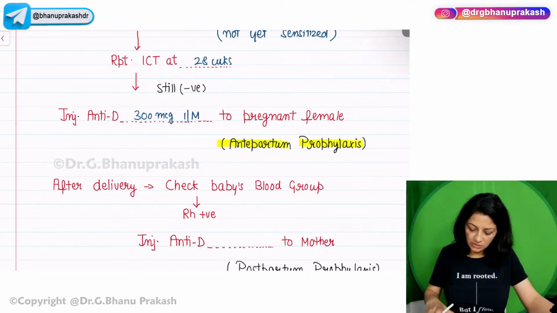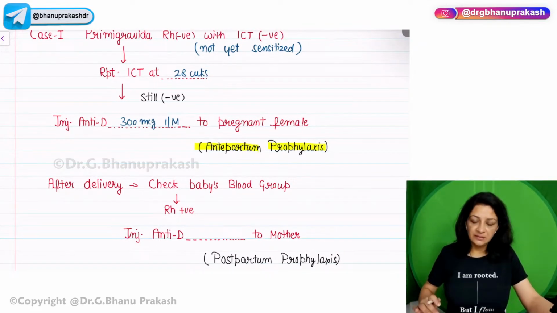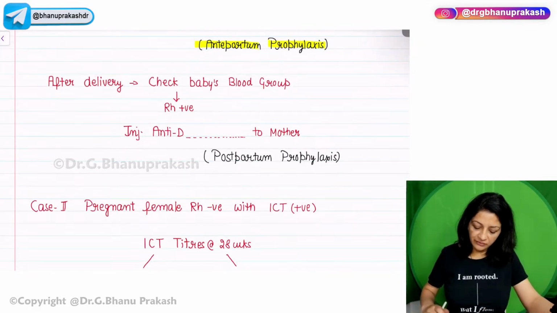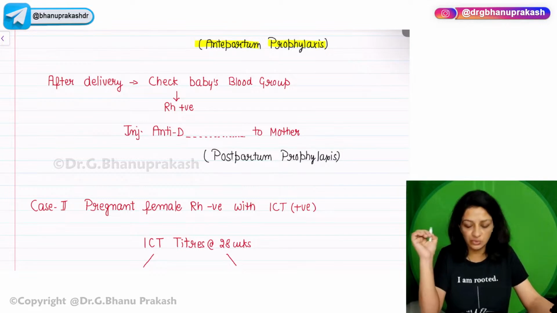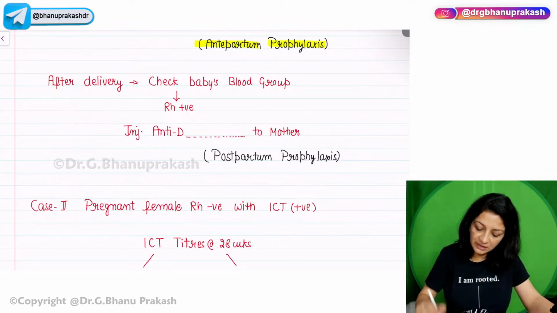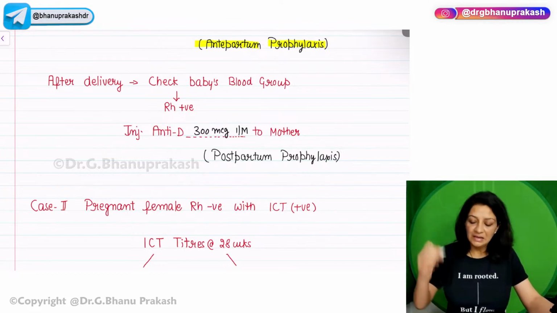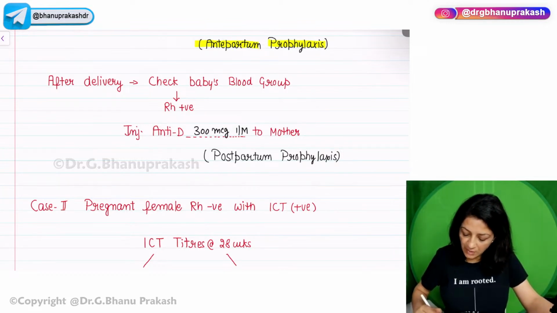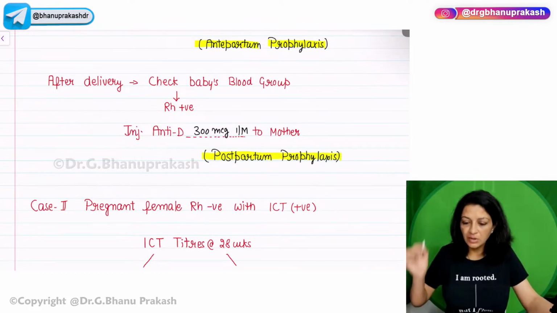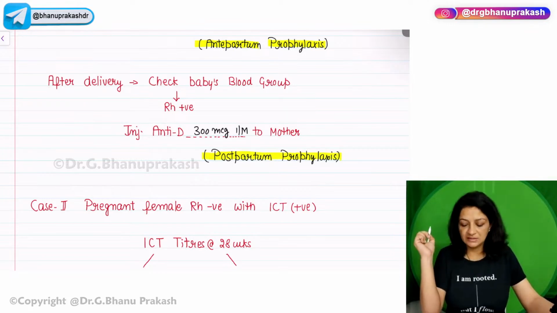Okay. So after delivery, check baby's blood group. If the baby is RH positive, then repeat the injection anti-D 300 microgram intramuscular to mother. This is called as postpartum prophylaxis. Injection at 28 weeks is antepartum prophylaxis; after delivery, if we give the injection, that is postpartum prophylaxis.